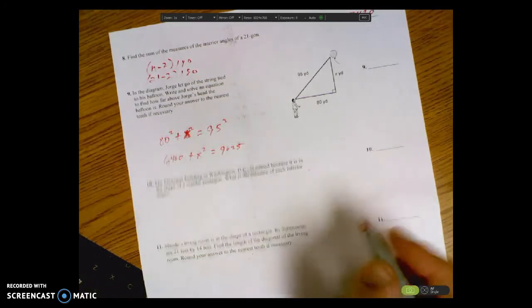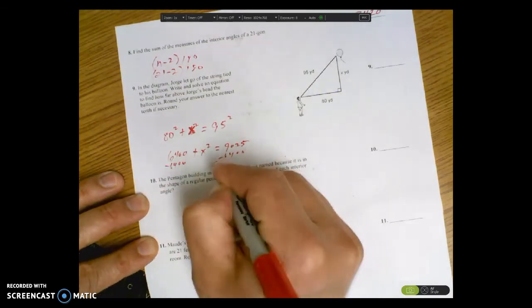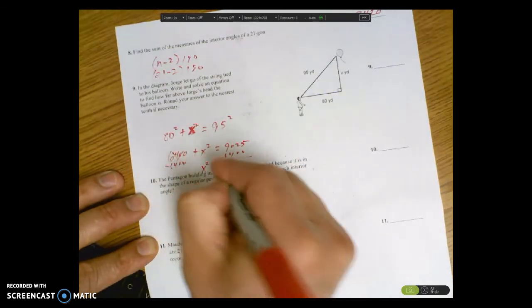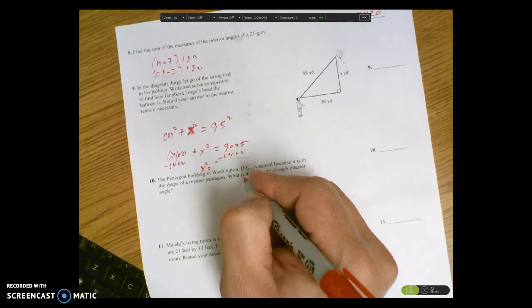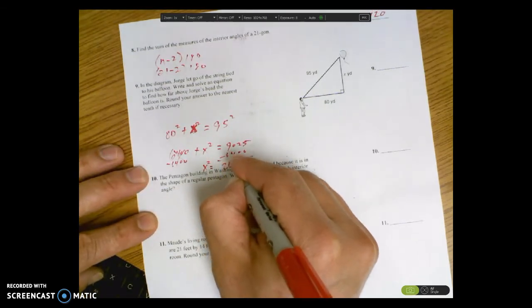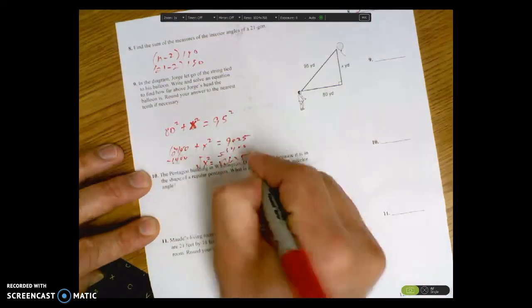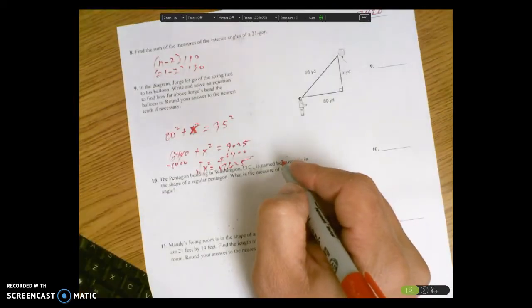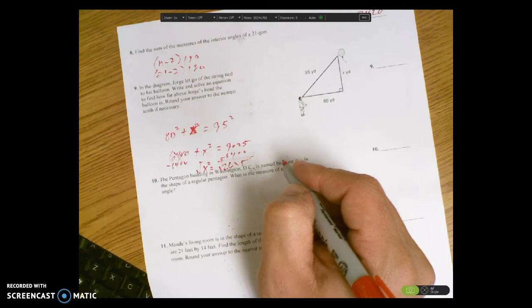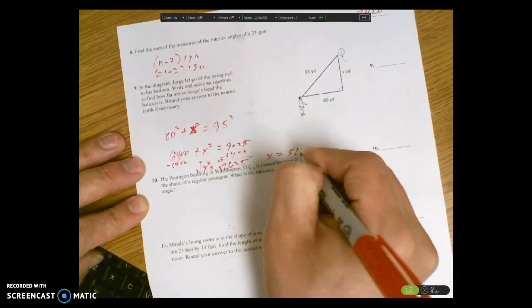I'm going to subtract 6,400. X squared equals 2,625. I am using a calculator for these, so I'm going to square root both sides. The square root of 2,625 gives x equals 51.2.